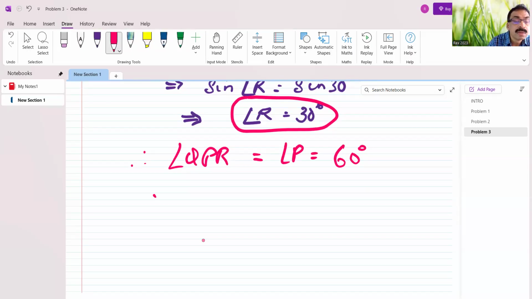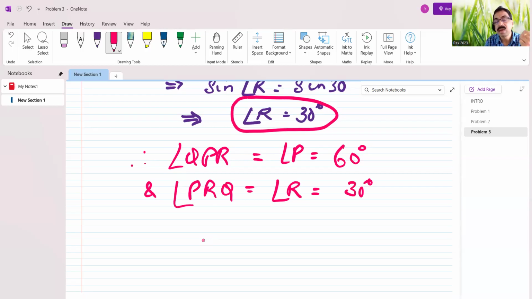And angle PRQ, which we simplified as angle R, is equal to 30 degrees. So always give the answer in terms of what they have mentioned in the question. So this is your final answer.